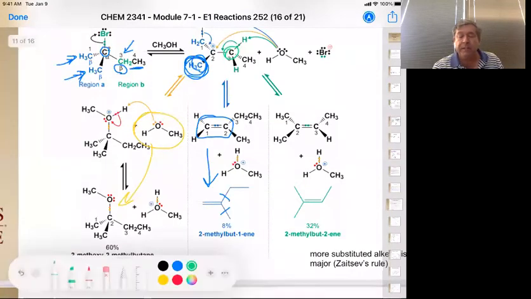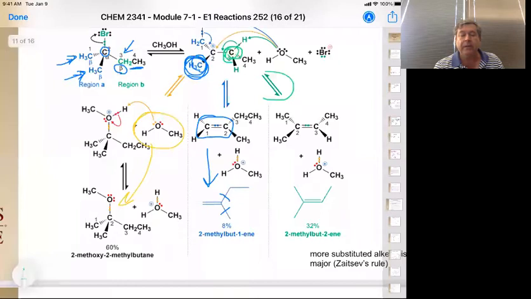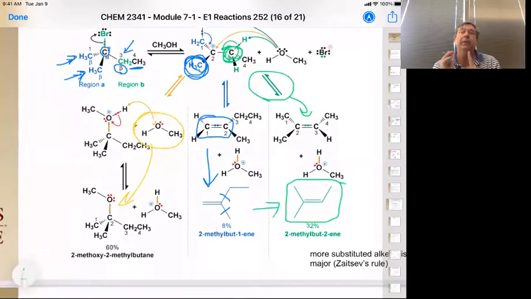So we're going to pull it off the secondary carbon here instead. When we do that, we actually end up getting a more substituted alkene. Our product has 3 substitutions here. And so this is the greater thermodynamic product between the 2 alkenes. And of course, this is still the better thermodynamic product because it does not have the double bond. So it follows that rule as well.